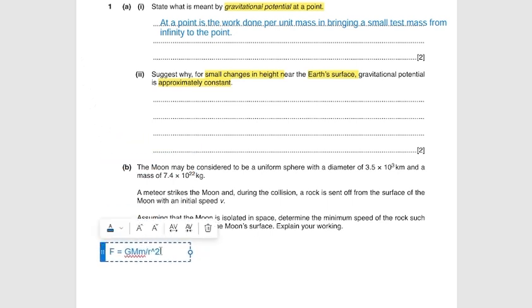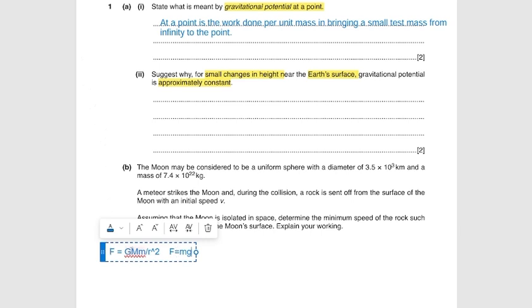Another force that we have is F equals mg, which we have done in a lot of chapters, that W is equal to mg, and that W is force here.